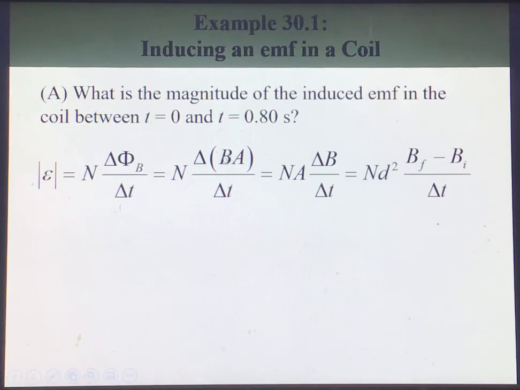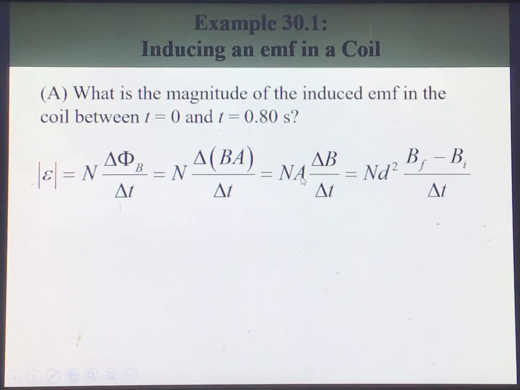So the magnetic flux is just the product of the strength of the magnetic field times the cross-sectional area. When I calculate the change, notice that the area is not changing, but what is changing is the magnetic field. So it's just given by N times A delta B over delta t.